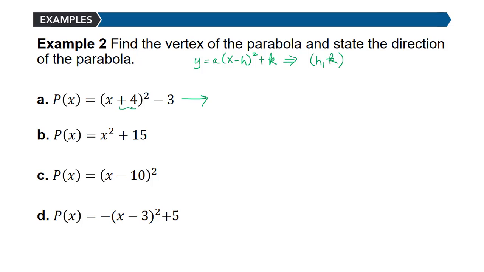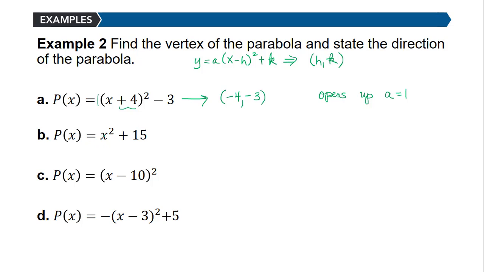Because of the inner plus 4, we have to go left 4. So the vertex is (negative 4, negative 3). Now, because there's no outside negative, that is, the value of a is really 1, the parabola did not change directions from that basic y equals x squared, so this parabola will open up. And that is because the value of a, the coefficient of the squared expression, is 1.